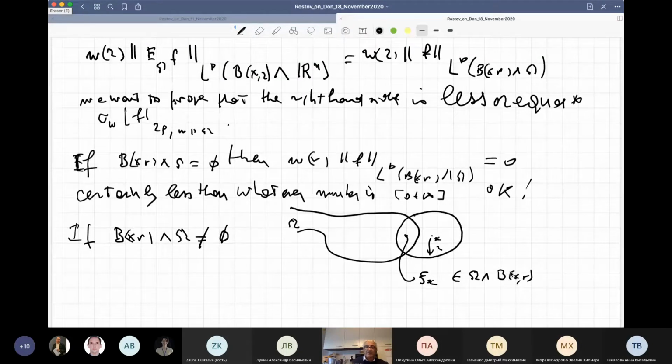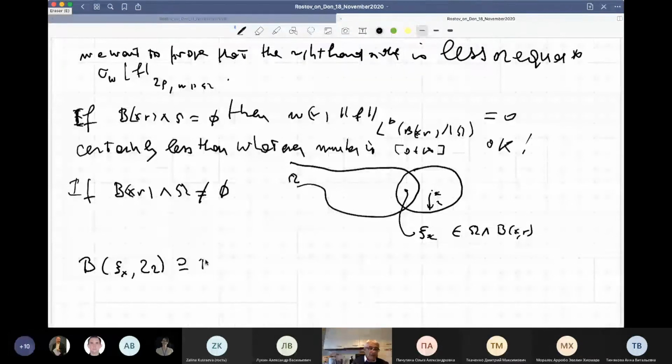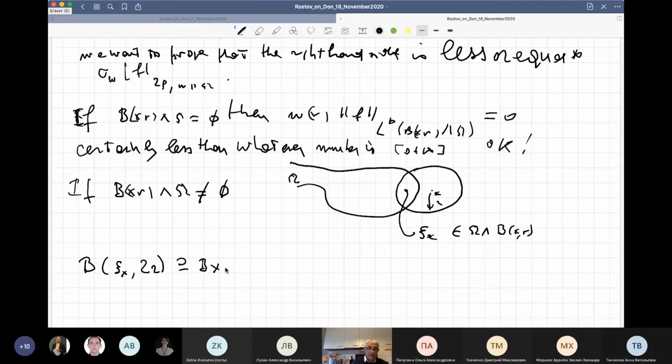Right, it does exist. I also note that if you center a ball in xi_x and you make the radius 2r, this contains B(x,r), by the triangle inequality, right? You agree?